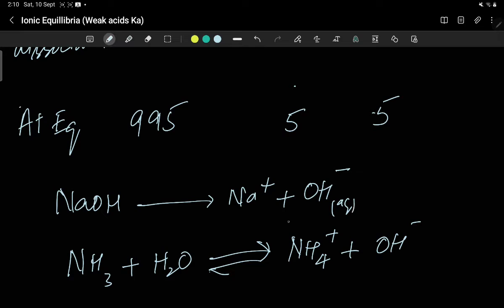This is the strong base and this is the weak base.